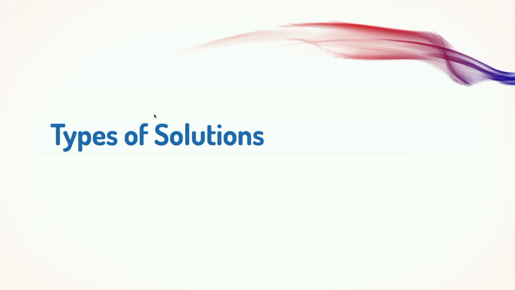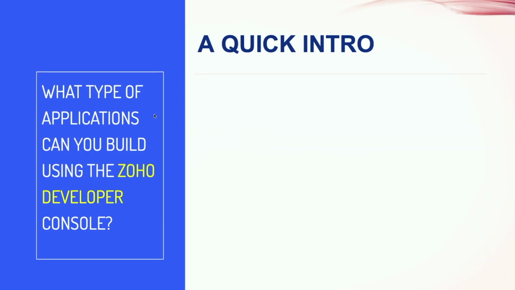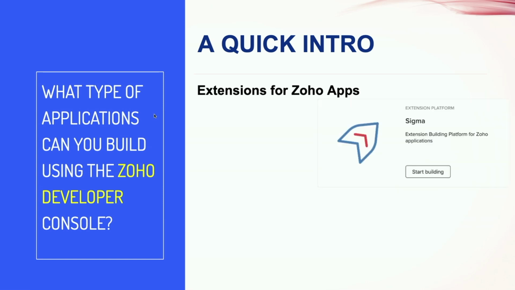So what are all the types of solutions you can build from the platform? That depends on the type of domain, the target audience, and how extensive the solution you are planning to build is. So based on that, you can choose to build your solution as an extension that fits into specific Zoho products.